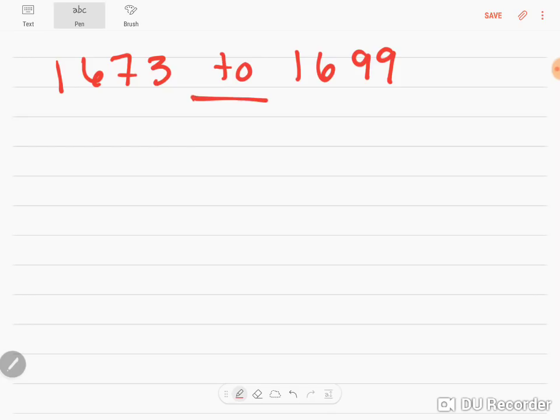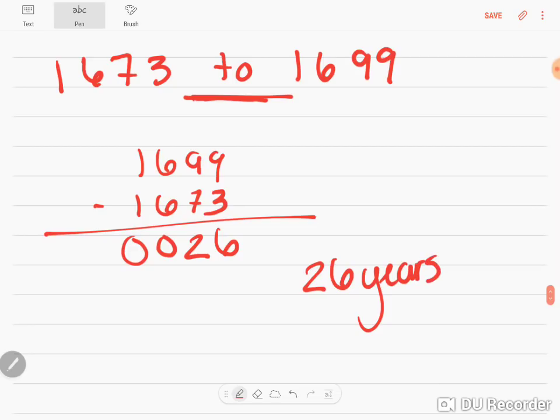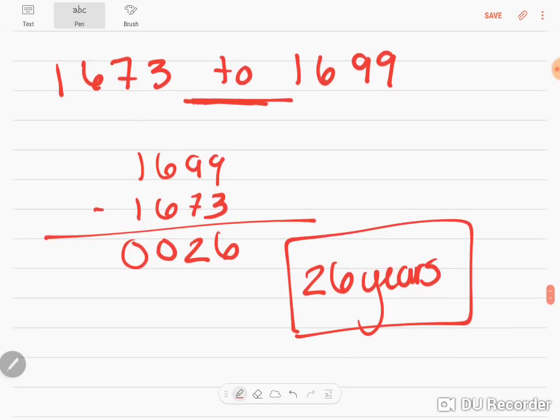In order to find this in-between number that I'm looking for, I must take the higher number and subtract it. So 9 minus 3 is 6. 9 minus 7 is 2. 6 minus 6 is 0. 1 minus 1 is 0. So it is 26 years. Please make sure we're labeling.